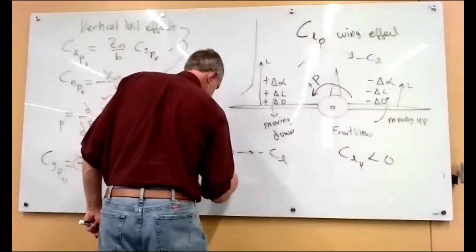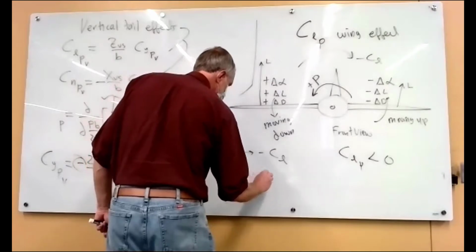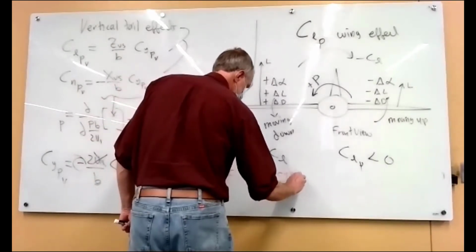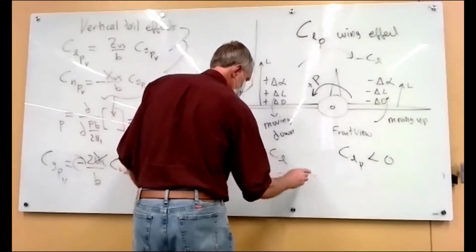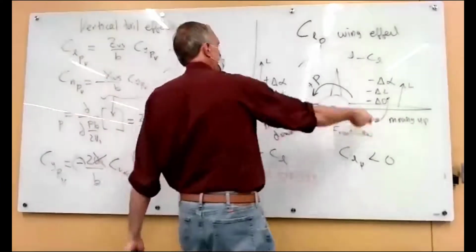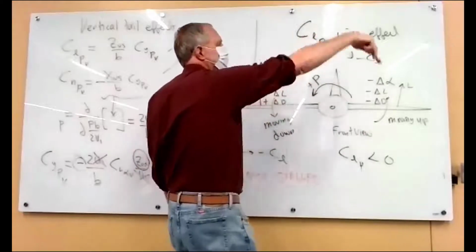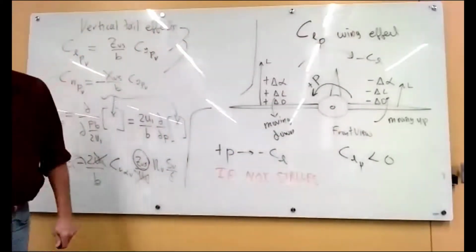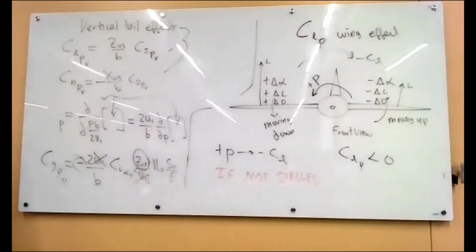This is if the wing is not stalled. And why is that important? Well, here, if the plane starts to roll, this is going to stop the roll. That opposes the disturbance. So this is an important dynamic stability, is that it will stop a roll, just like you feel a resistance on the wing as you roll.